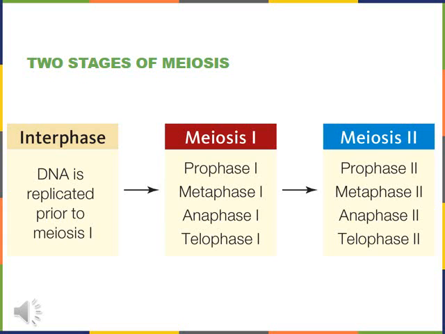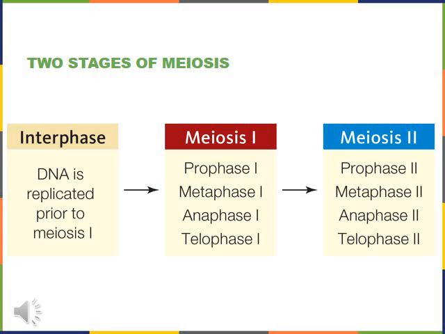So if you've already learned mitosis, you know what meiosis 1 is. Okay, so we still have prophase, metaphase, anaphase, and telophase. And then once we get down to that telophase, we move over and repeat the whole process again and call it meiosis 2. And again with prophase, metaphase, anaphase, telophase, all number 2s.